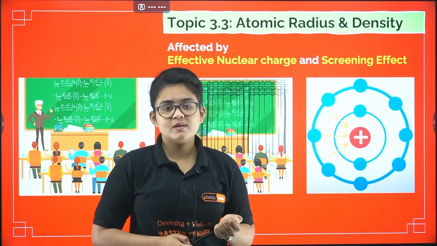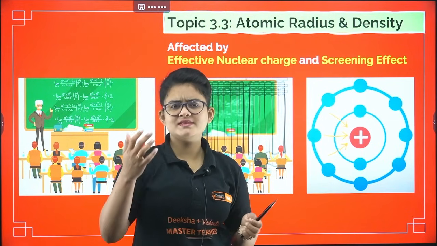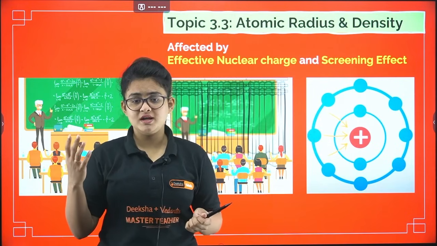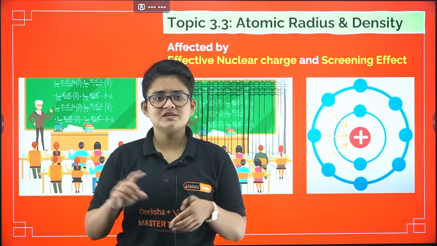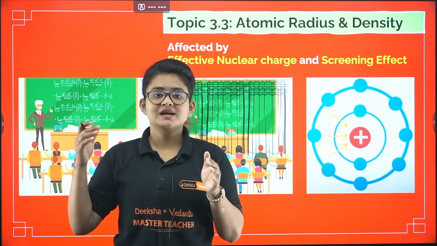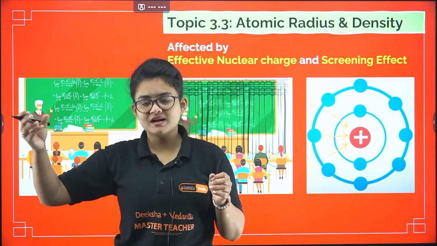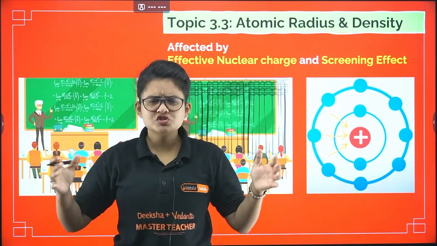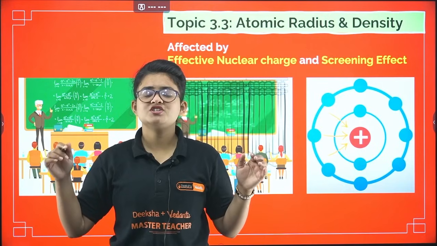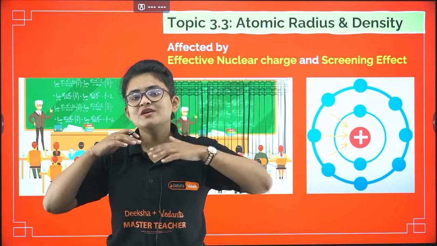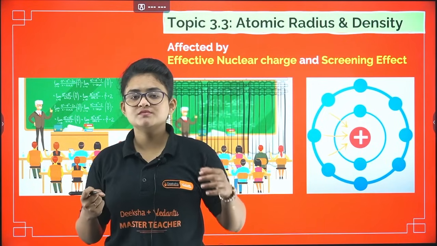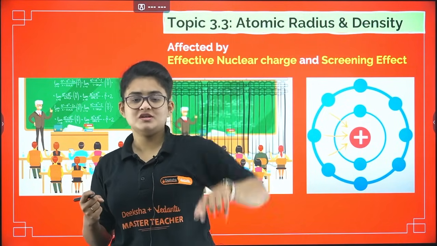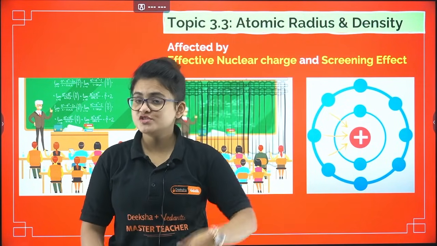D means 10 electrons, f means 14 electrons. Can you imagine the amount of inter-electronic repulsion that gets triggered when electrons get filled in d and f orbitals? A huge inter-electronic repulsion makes the electrons diffused, delocalized. As a result, the nucleus becomes open to the outermost electron.